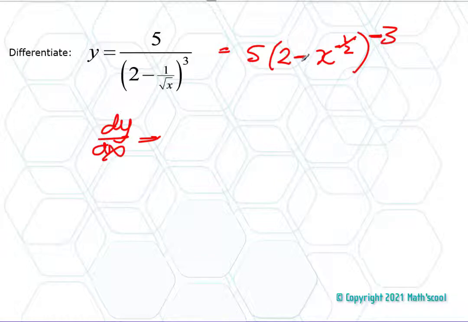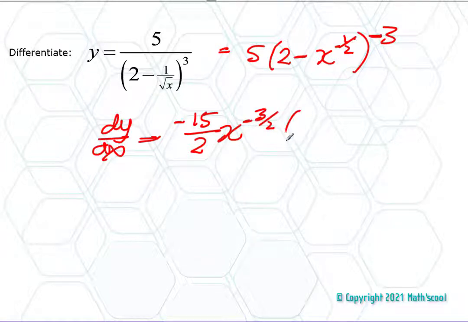And the differential of the brackets is going to be minus 1 times minus a half, so a half x to the minus 3 over 2. So that's going to give me minus 15 times a half x to the minus 3 over 2, and then 2 minus x to the minus a half to the minus 4.